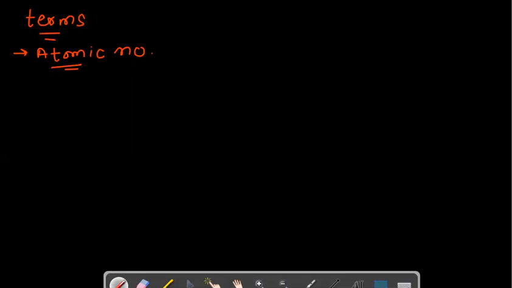Keep in mind, we can identify an atom on the basis of the number of the protons present in the particular nucleus of the particular atom. So the number of the protons present in any atom is its atomic number.